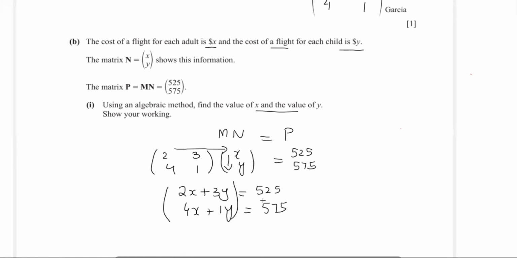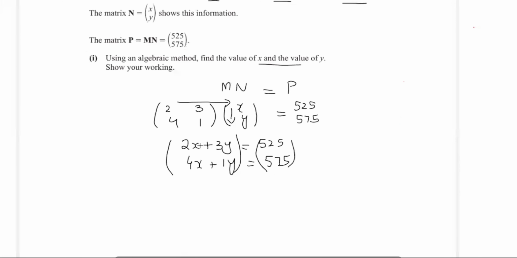Now for both matrices, the first value is 525, and equal to 2x plus 3y. Next is 4x plus 1y equal to 575. Now we multiply the first equation by 2 to make the coefficient of x the same in both equations.